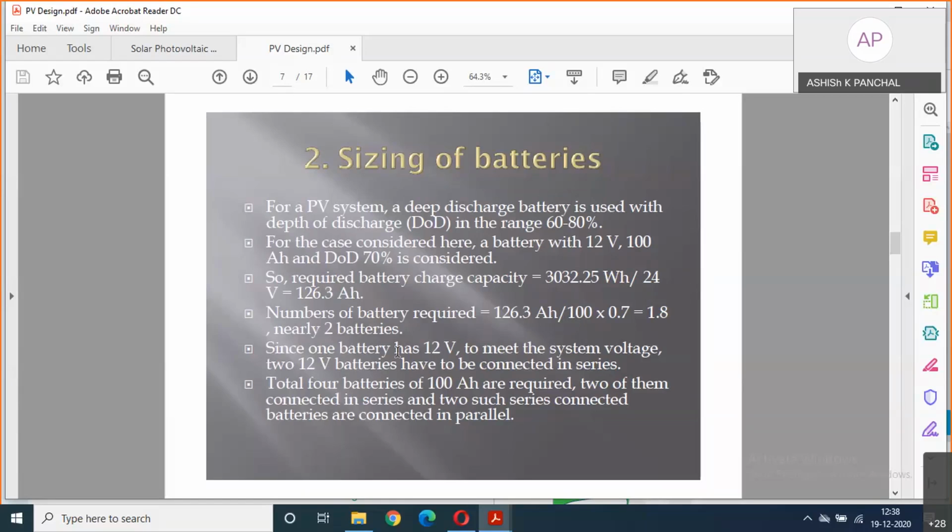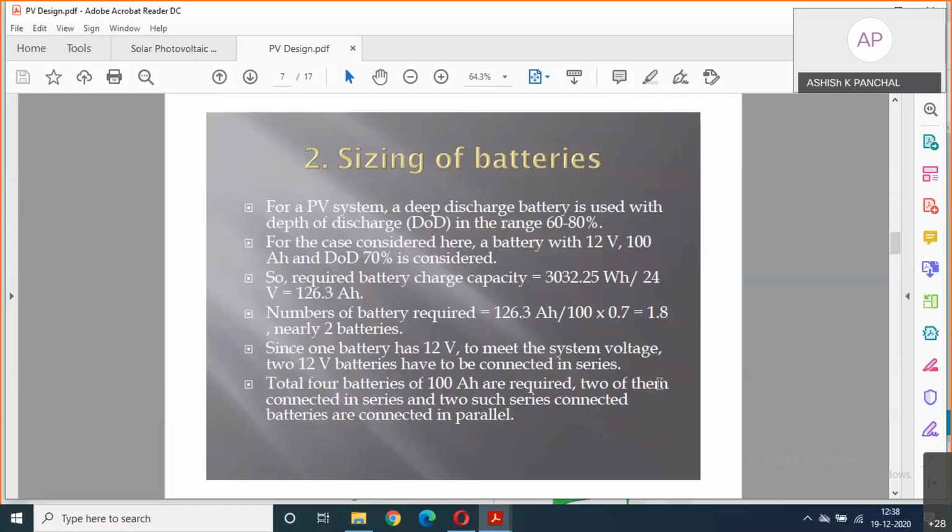Is that right? System voltage is 1.5 to batteries to cater this load. Yes. Any participant?